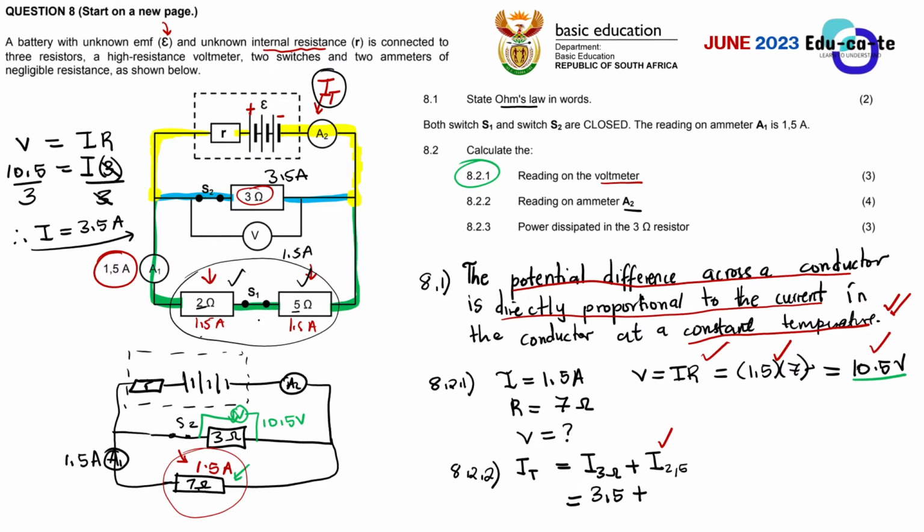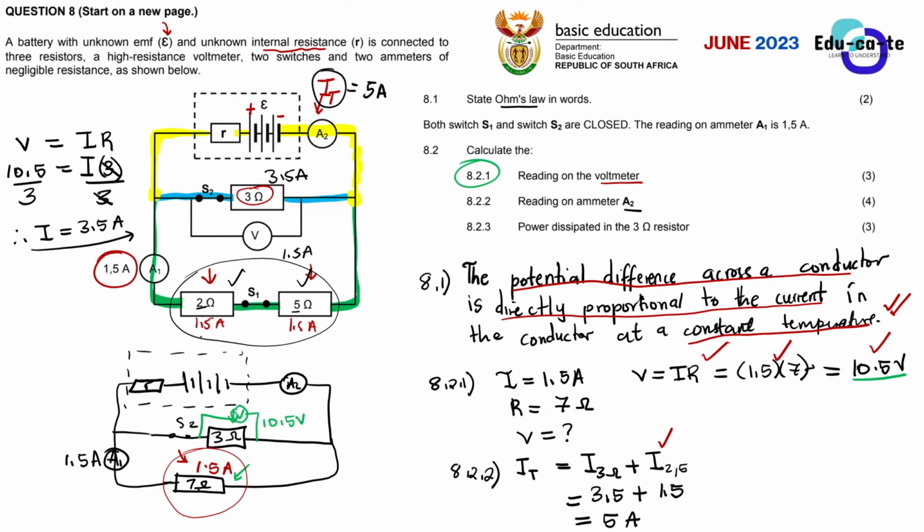They are receiving the same current. So this is going to be plus 1.5 amperes. 3.5 plus 1.5 would give us 5 amperes. So the total current through this ammeter A2 is going to be 5 amperes. So we know that our total current is 5 amperes.